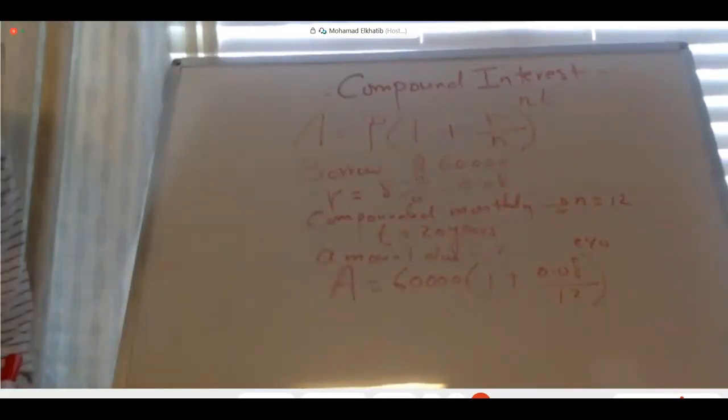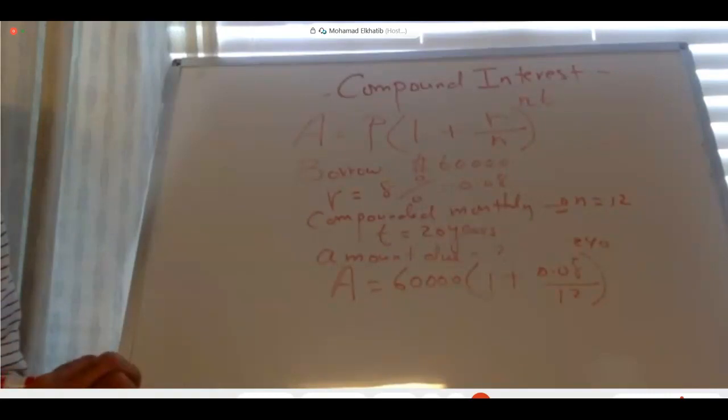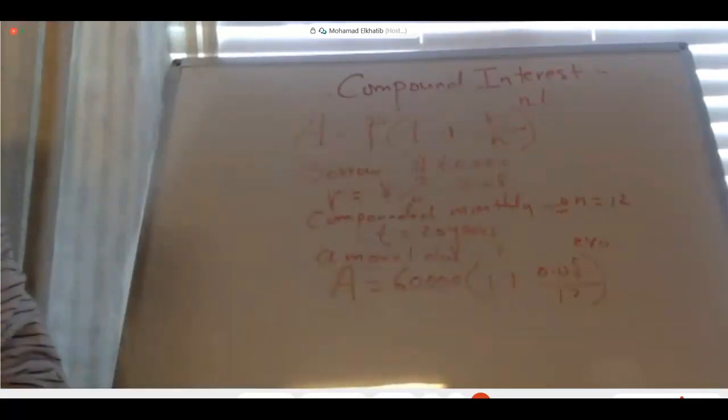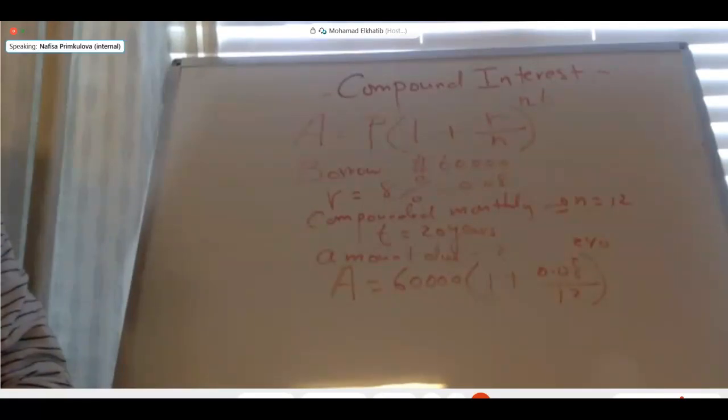Is 240 real money, right? No, 240 is just the number of times it's compounded times how many years. 240 has nothing to do with the money. NT is the exponent. Look at the formula. N is 12. Okay, what is 240 then? When we divided 12 by 20?